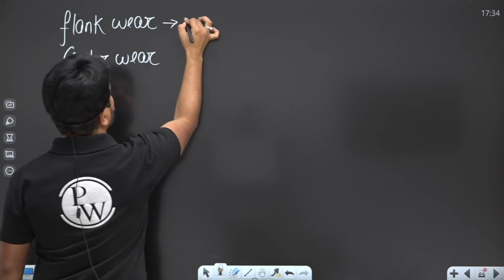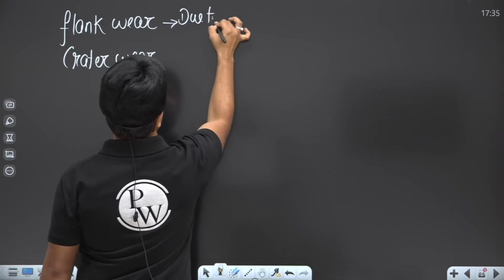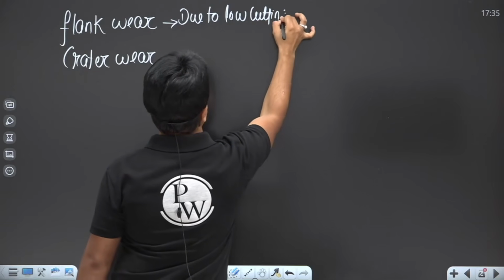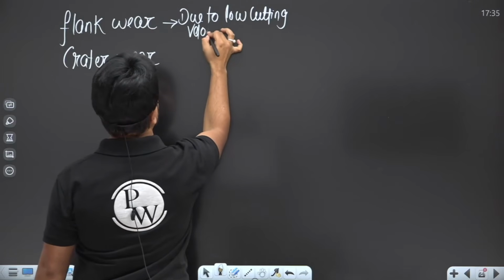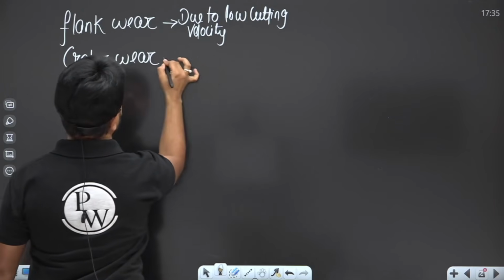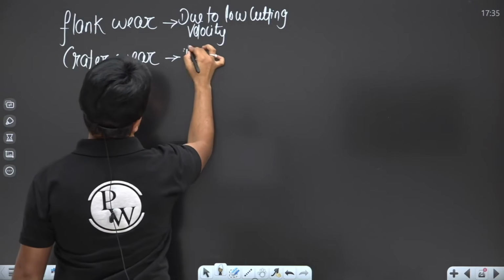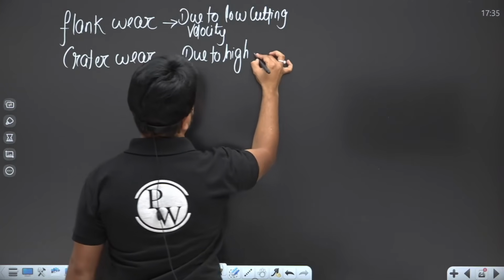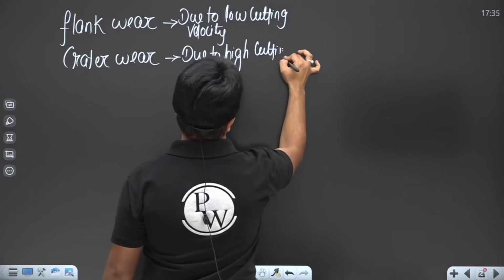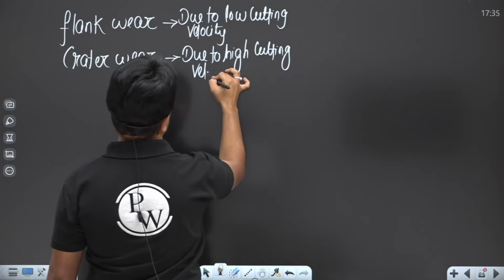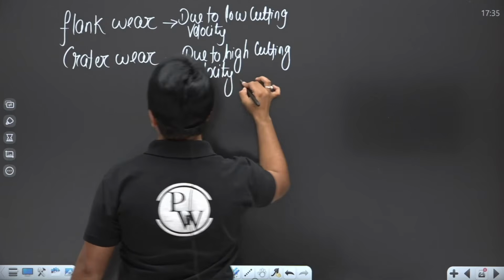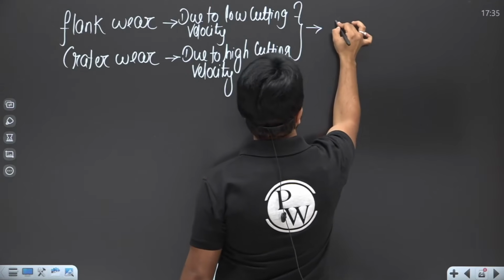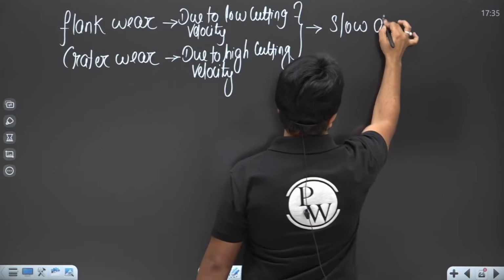Flank wear occurs due to low cutting velocity, and crater wear occurs due to high cutting velocity. Now, because you know the reason for the wear, that's why it comes under slow death.